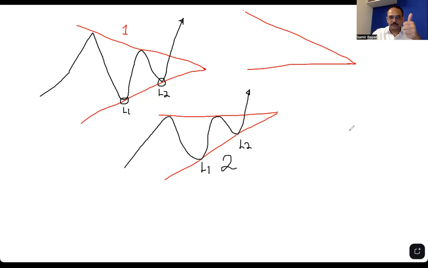Correct. Great, perfect. So L2 is higher than L1. Let's take triangle 3. In this, the price has gone up, it has come down, gone up, come down, then gone up like this.